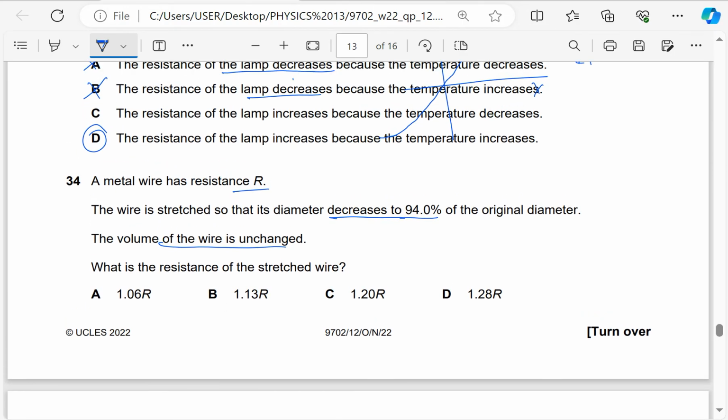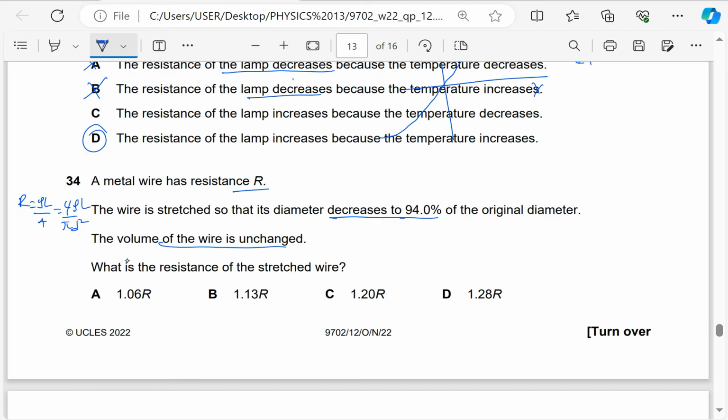Okay, so to begin with, I know that resistance is equal to rho L over area. Remember, area is pi d squared over 4, so this becomes 4 rho L over pi d squared. So that is the expression for resistance.